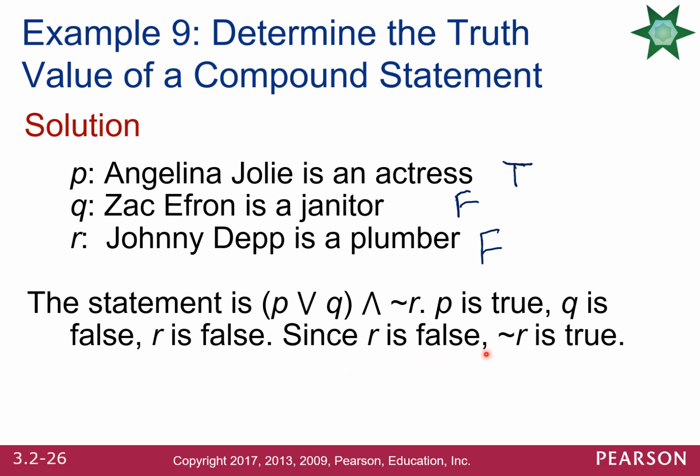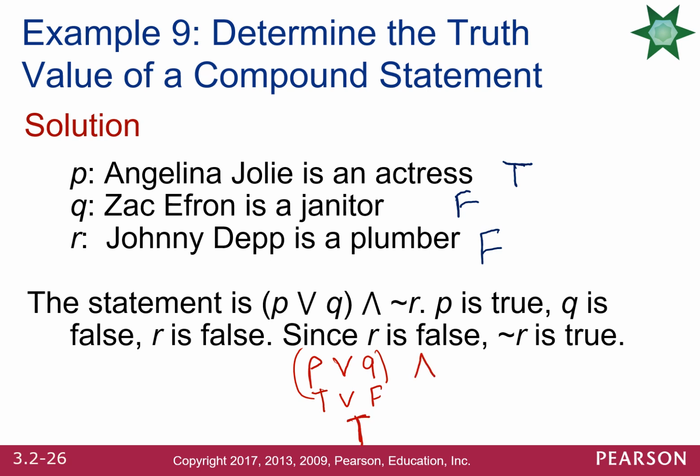Since R is false, therefore not R is true, correct? So that part is going to be true, and then we have to resolve P or Q. Let's write it out like this. So we have P or Q, so that's true or false, which resolves to a true, correct? It resolves to a true.